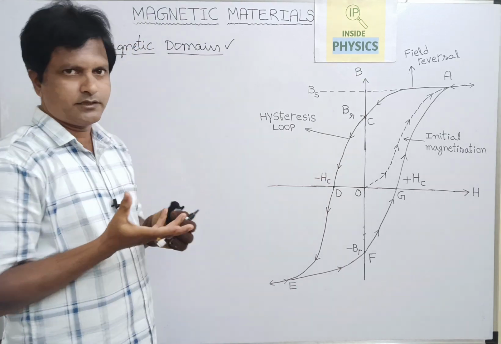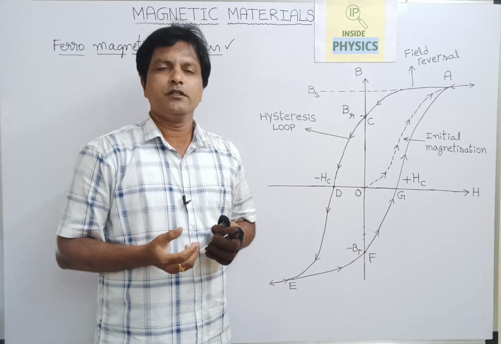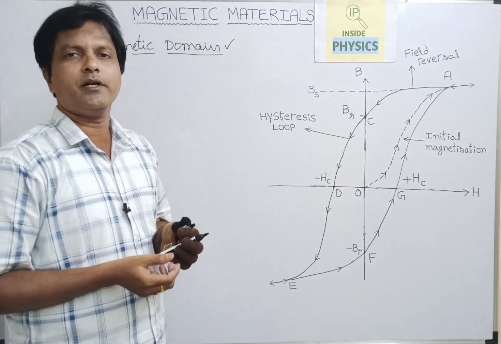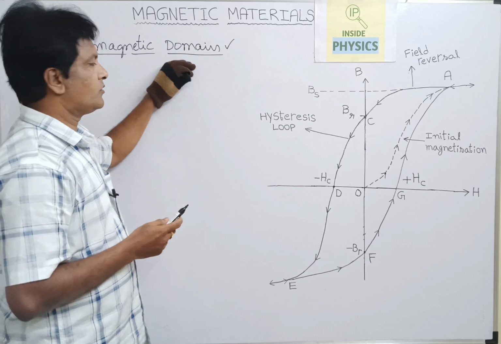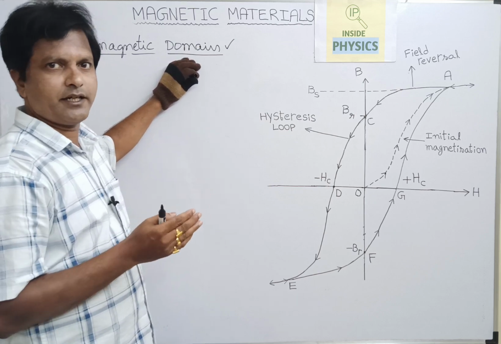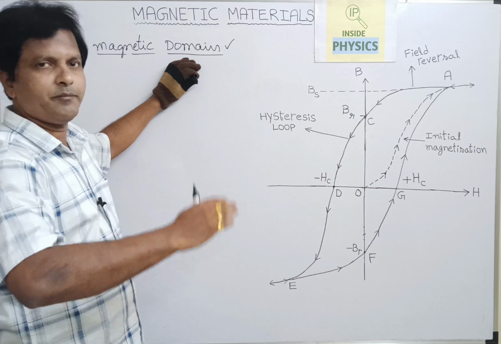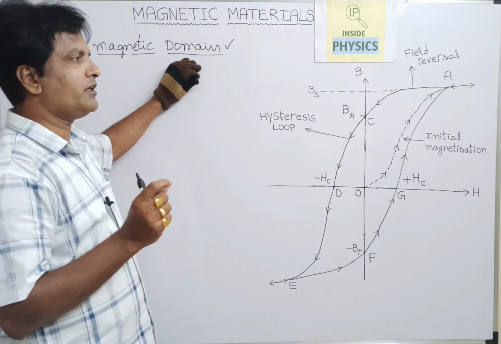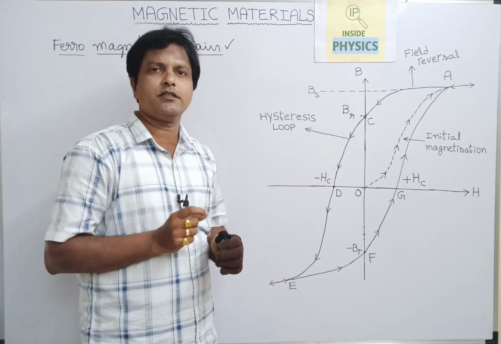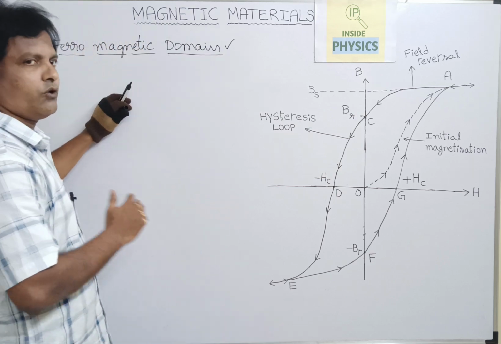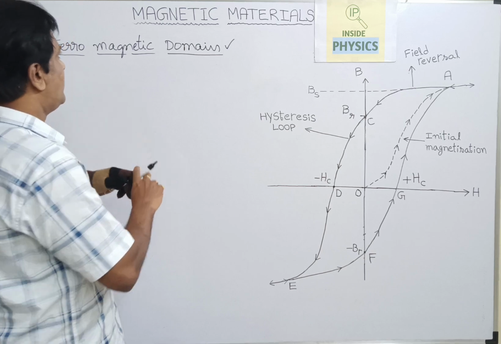It is a space assumed to understand the magnetic behavior of the ferromagnetic material, so that we can expand this nature throughout the material by considering small domains, which are nothing but small spaces assumed by us across the whole material. So this is the domain.